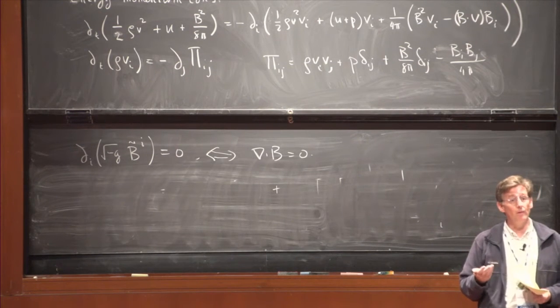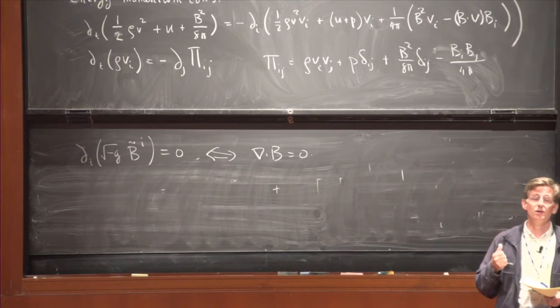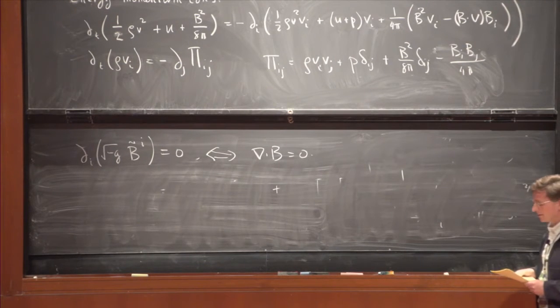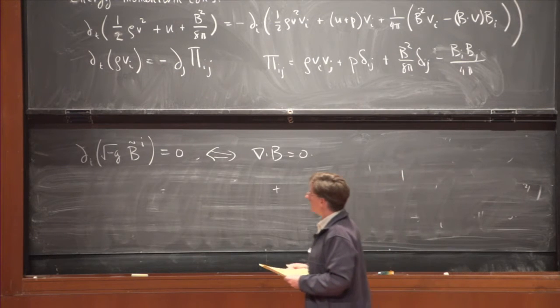You can see that the form is very, very similar to the non-relativistic form of the MHD equations. It can be written in conservative form. The new variables that we've had to introduce are the 4-velocity and the magnetic field 4-vector.